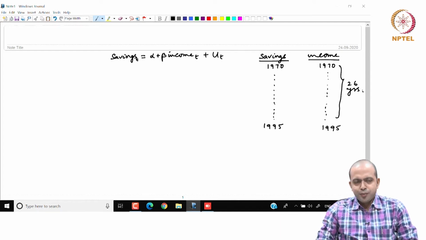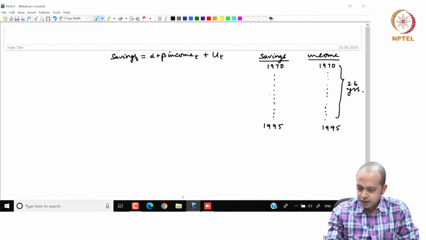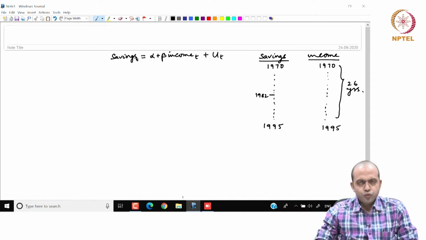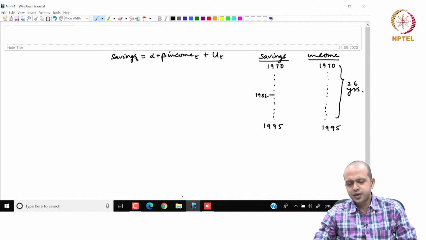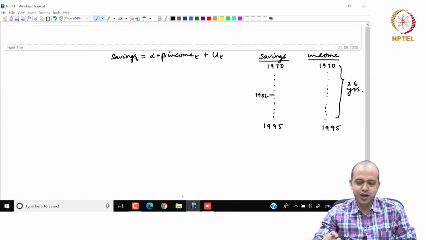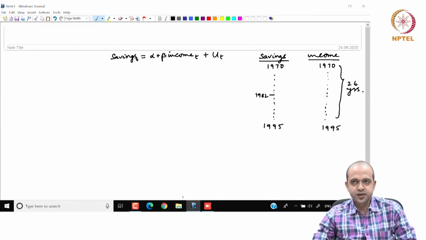Now, here what happened in 1982: we hypothesize that there is some kind of structural break in the savings income relationship in 1982. What is the reason?